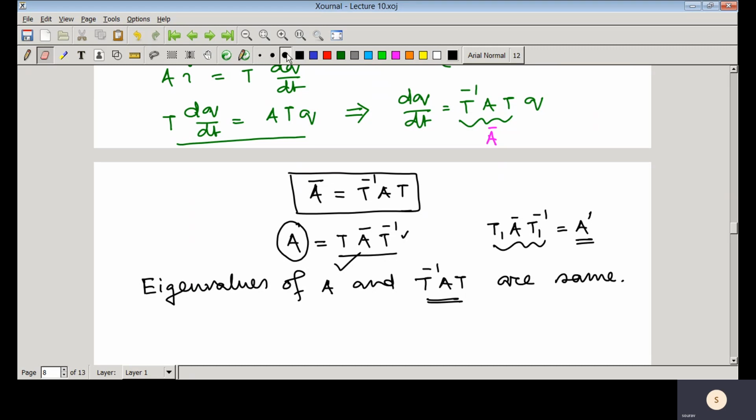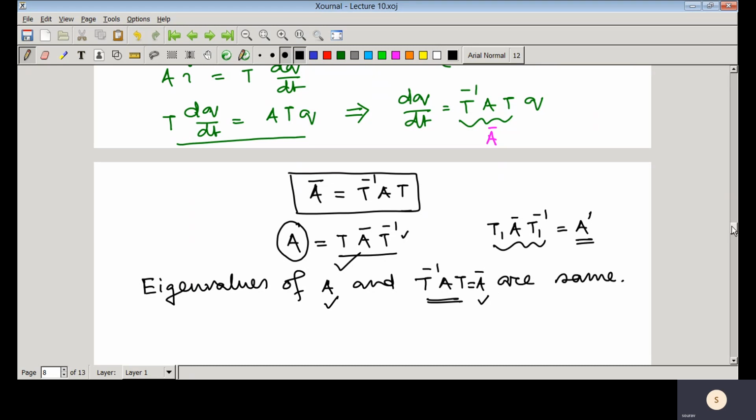T inverse AT is defined as A bar. So eigenvalues of A and eigenvalues of A bar are the same. When eigenvalues are the same, the characteristics of the system also remain the same. So even if you have two different state space representations, the main characteristics of the system remain the same.